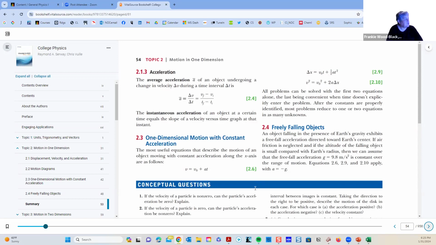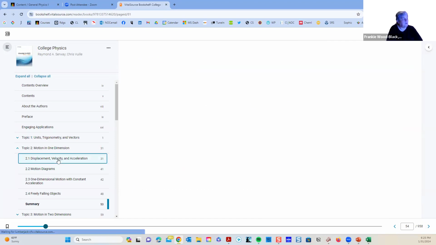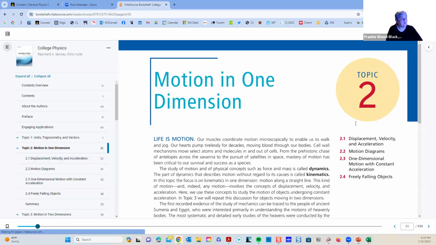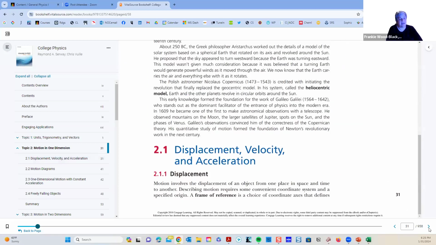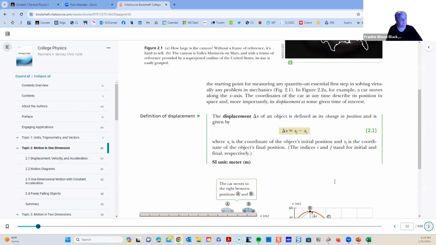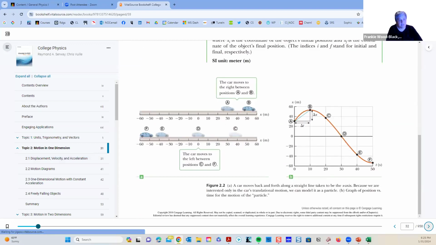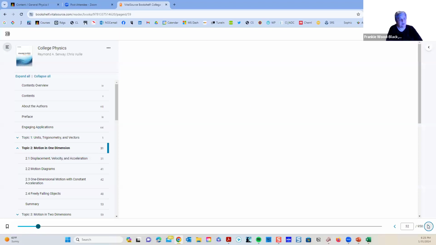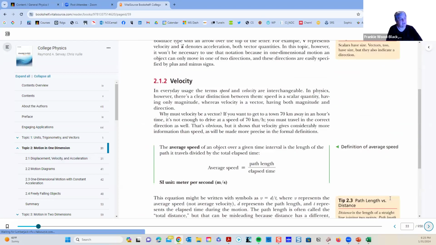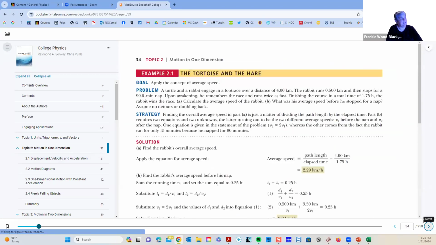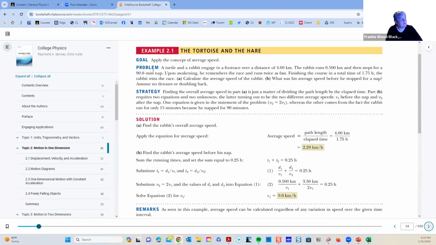The other thing you want to look at is the example problems. The example problems are really going to help you out. As I flip through my chapter, you'll see your different figures that help you go through the explanations, but I want to get to the examples. The way our book does the examples is really nice. It gives you what the problem is, then the strategy.